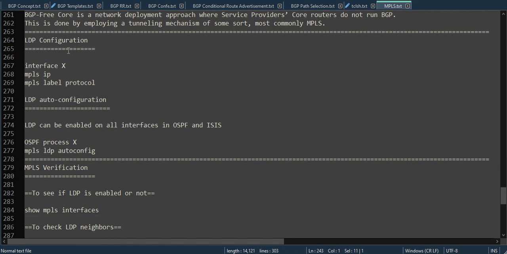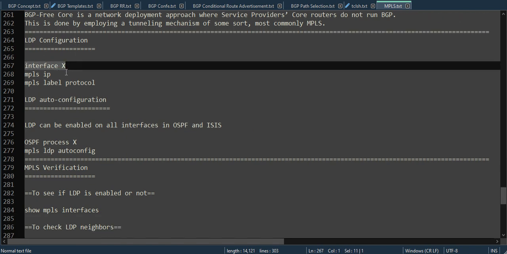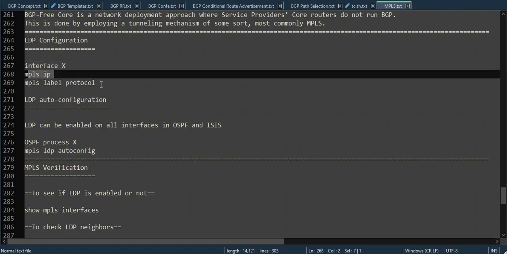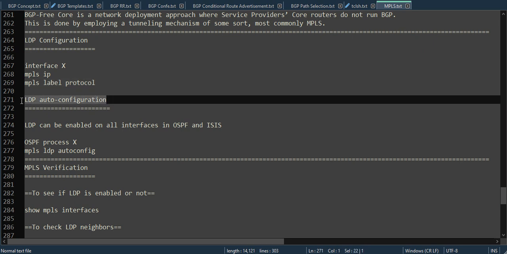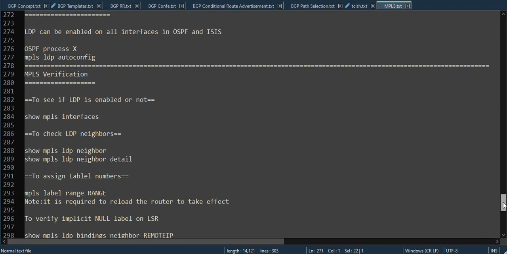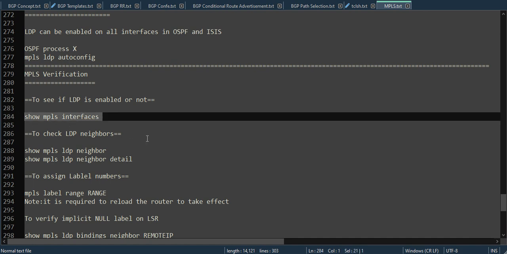Okay, and for configuring LDP, we can configure either at interface level or by auto configuration on the routing process, OSPF or ISIS. And to verify our MPLS, to see if LDP is enabled or not, we can use show mpls interface.